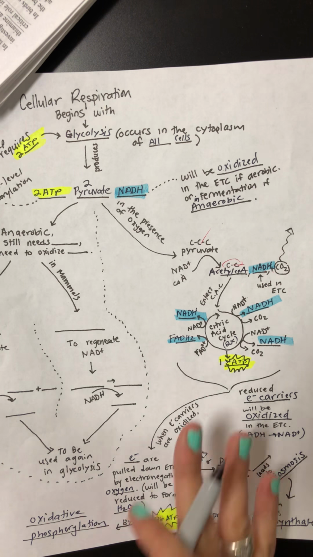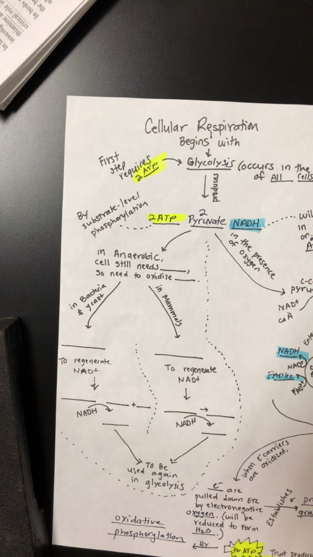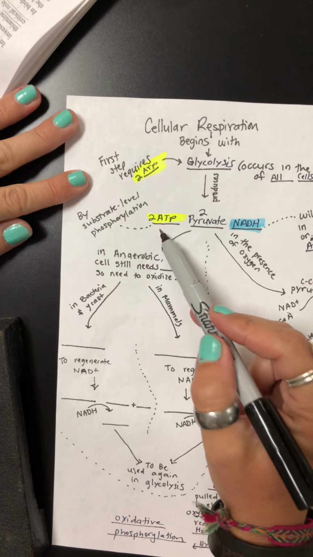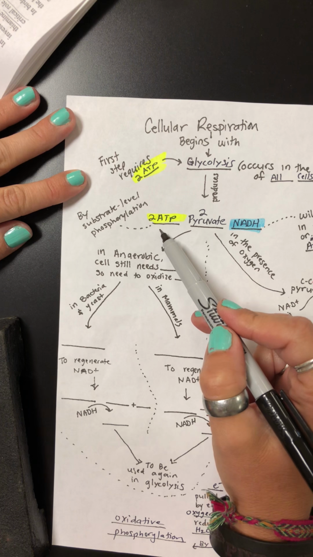However, if we are in anaerobic conditions and there is no oxygen to pull electrons down the electron transport chain, the cell or the organism still needs ATP. And if you see here, we do make 2 ATP in glycolysis.